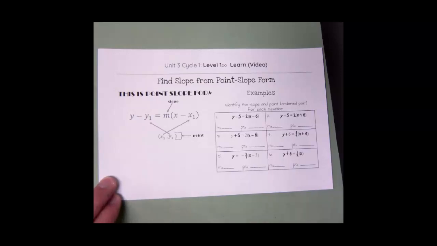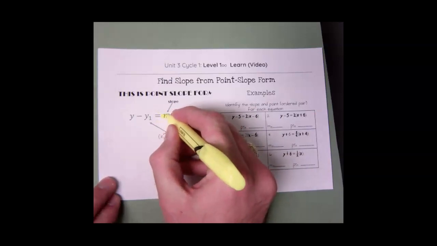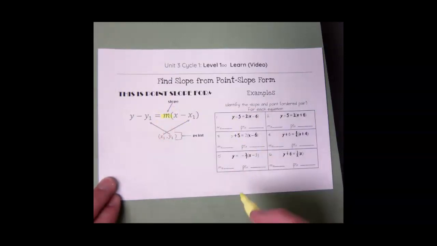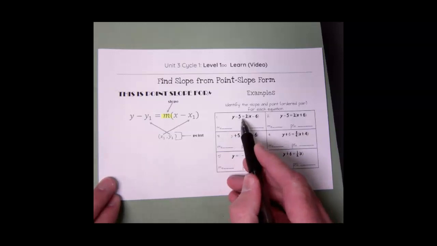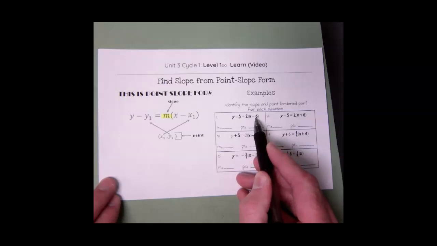So, let's see if we can figure out where the slope and the point is on these examples. If our slope is always the m value, it is what is in front of it. Let's take a look at this example. Y minus 5 equals 2x minus 6.